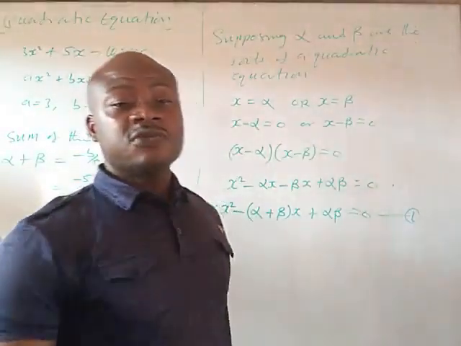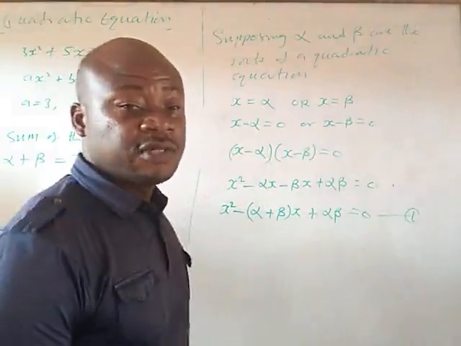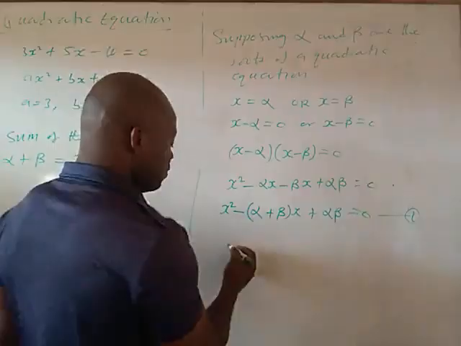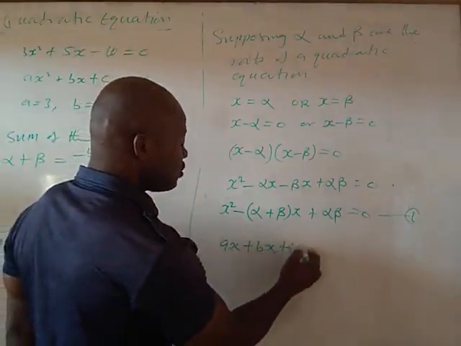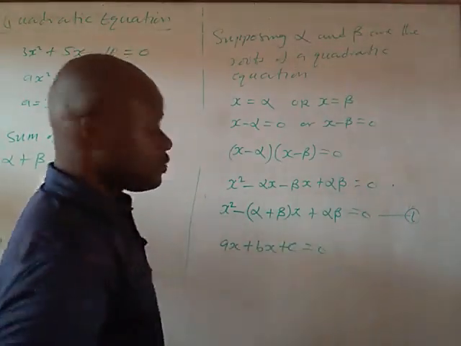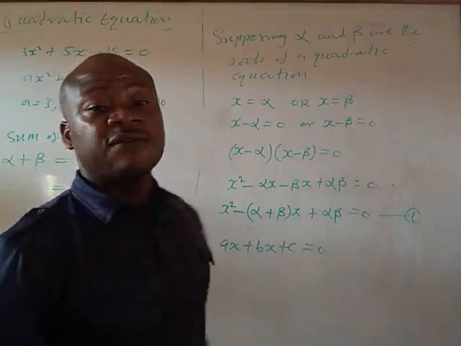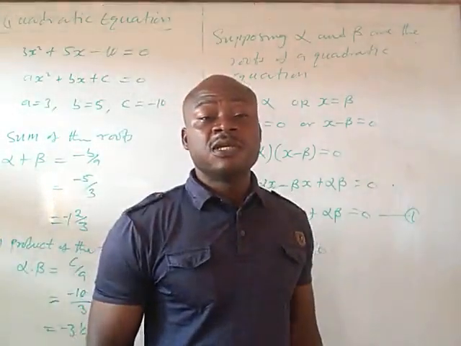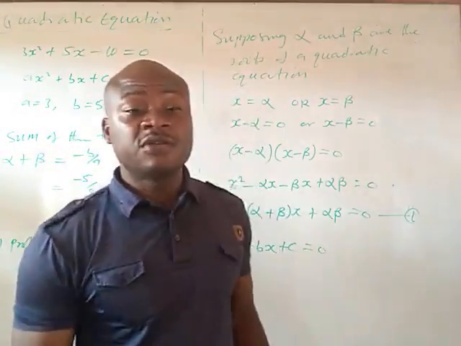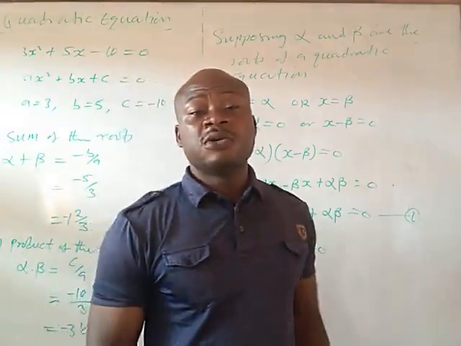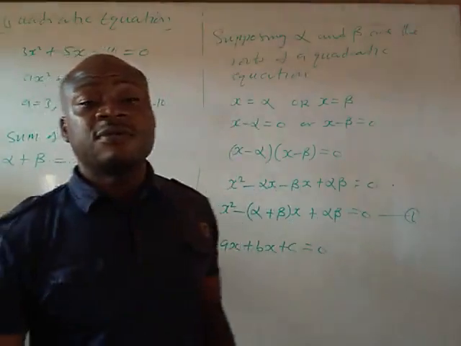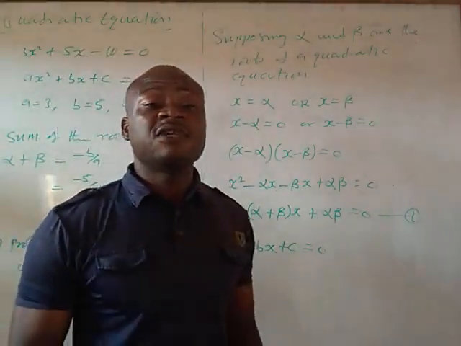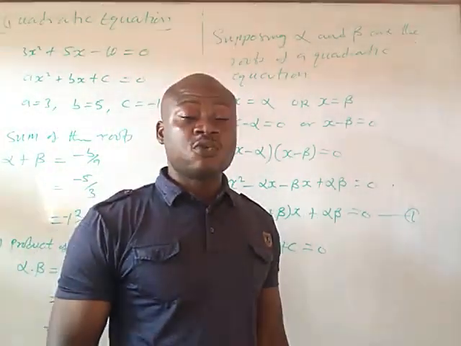Now let us look at the general form of quadratic equation I wrote for you earlier, which is ax squared plus bx plus c equal to 0. If you are given any form of quadratic equation with the coefficient of x squared more than 1, the first thing you do is to divide the whole thing by the coefficient of x squared.